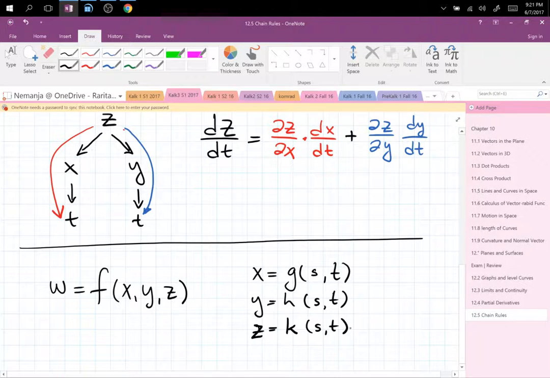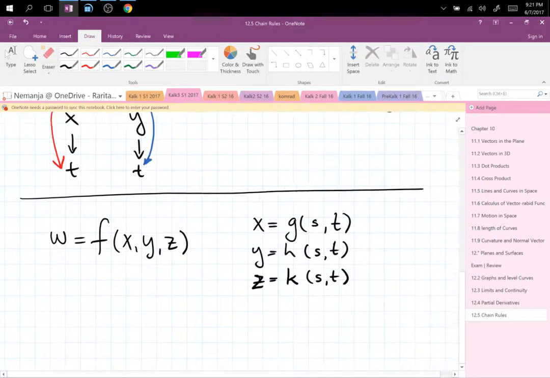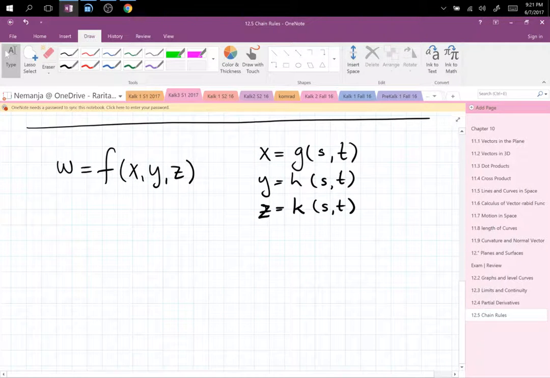How many branches are you going to have all the way at the bottom? 6. Very good. You already see it, and that's great.